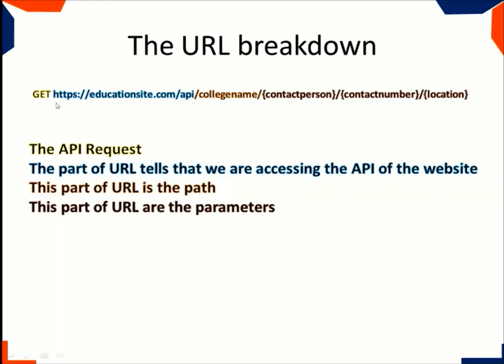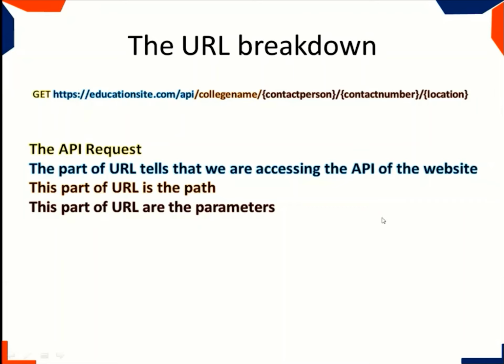A lot of times when you're putting in the URL, you need to be very clear. You need to know where exactly you're going. As long as you're giving this detail correctly in your URL, it should be able to pull in the data. So this is the first part.